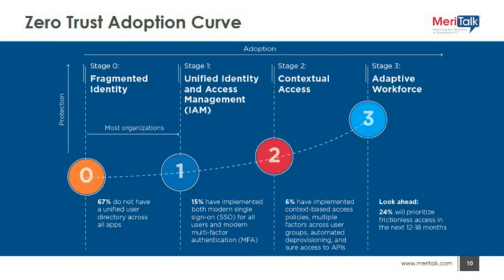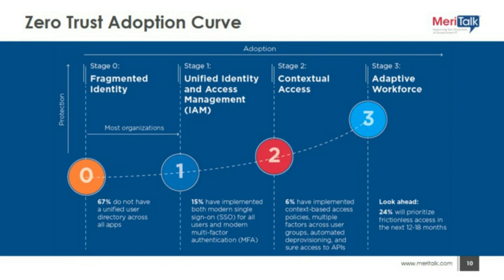They're really starting to wrap their arms around the broad ecosystem that they have to manage. That's where we see most organizations. And you see on the slide here, the federal agencies specifically reported that 67% don't have a unified user directory across all of those cloud and on-premises applications.